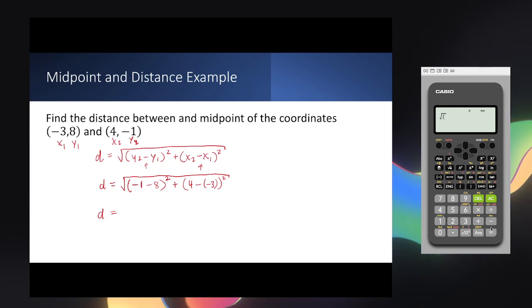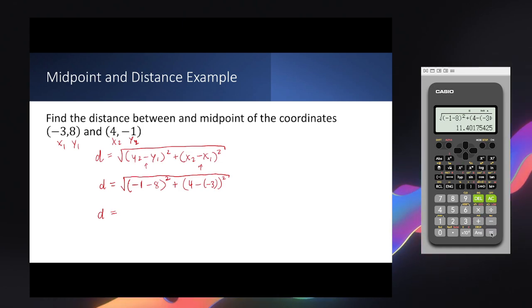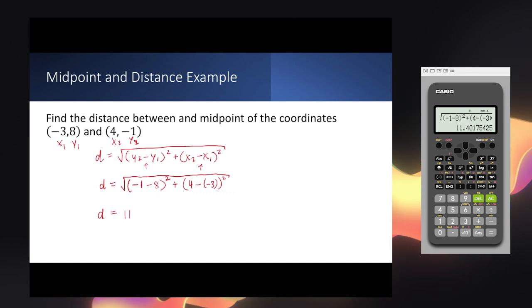Let's just substitute it straight into our calculator. -1 minus 8 squared plus 4 minus -3 squared. And of course, our distance then becomes 11.40 to 2 decimal places.